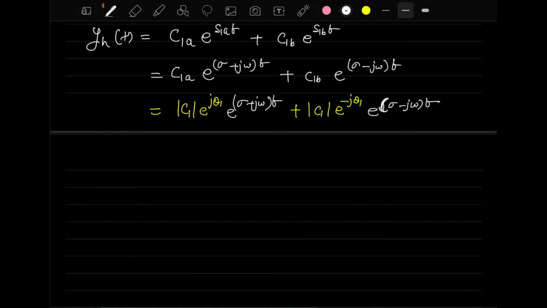If you solve this expression by expanding and taking the real and the imaginary parts separately, you can write it like this.